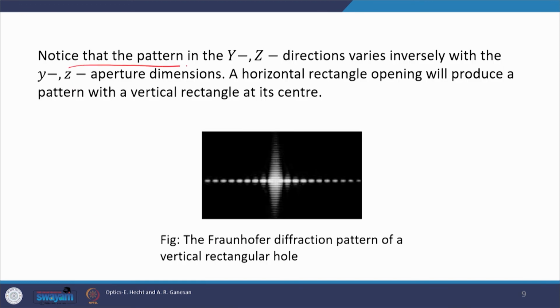Now, notice that the pattern in the y and z direction varies inversely with the small y and small z aperture dimensions. What I mean to say is that suppose this is your aperture, which is elongated in one particular direction, then the corresponding pattern would be like this.